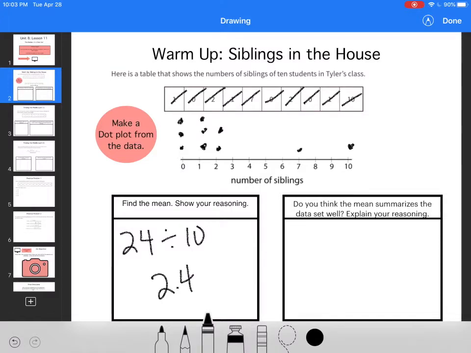Do you think the mean summarizes the data well? Explain your reasoning. Well, I don't, because 8 of the students have 2 or fewer siblings.